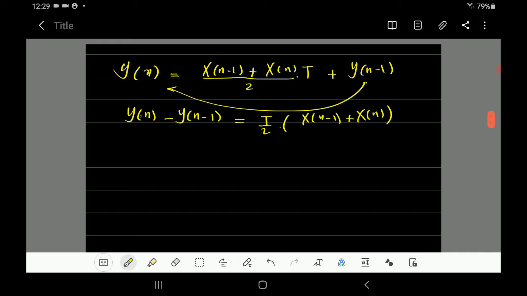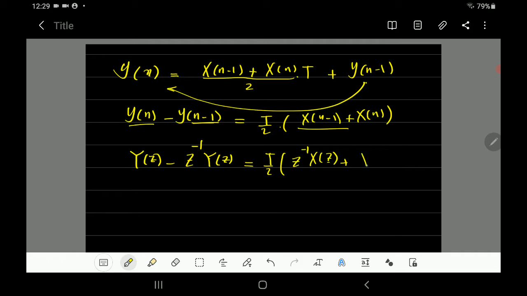If you do the z transform, y of n will go to Y of z. Y of n minus 1 is shifted by 1 unit, so we use the time shift property: z to the power minus 1 multiplied by Y of z. Any time you find there is a shift in time, just multiply by z to the minus that number, equal to T over 2. For x of n minus 1, shifted again, it will be X of z, but before X of z we have to multiply by z to the minus 1, since there is a shift by 1.